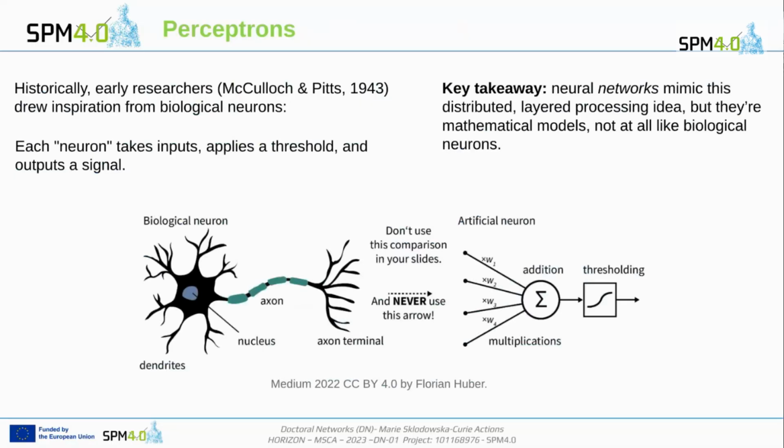So I think the key takeaway from this slide is that you should never use this comparison seriously, because first of all, real neurons only fire spikes and are much more complicated, while the artificial neuron you can think of just as a number which has some operation done to it, and it always gives some output, unlike a real neuron.